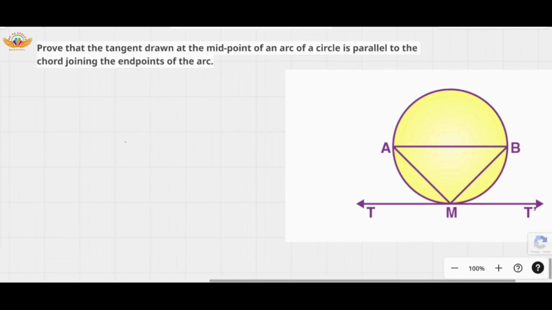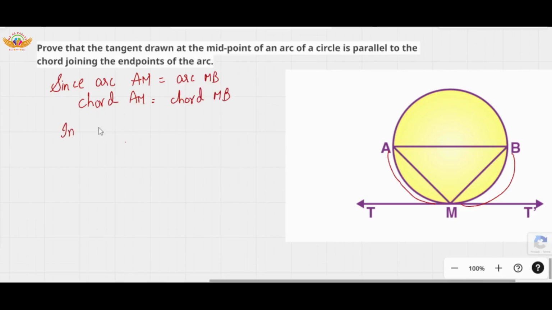Yeah, let us start. Since arc AM is equal, this arc AM is nothing but arc MB, right? This is the part AM and this is another arc MB. When these two arcs are equal, then automatically chord AM will be equal to chord MB, right?